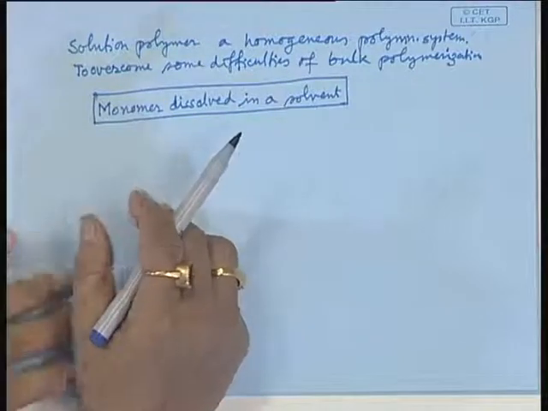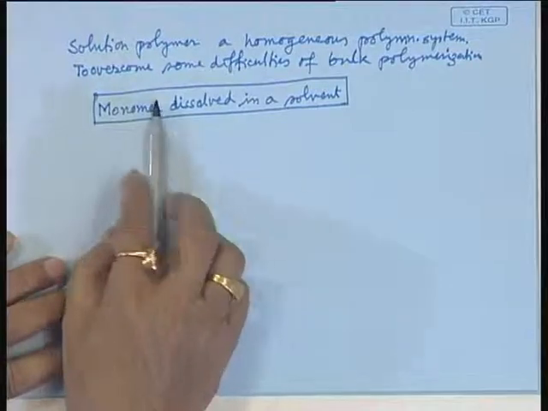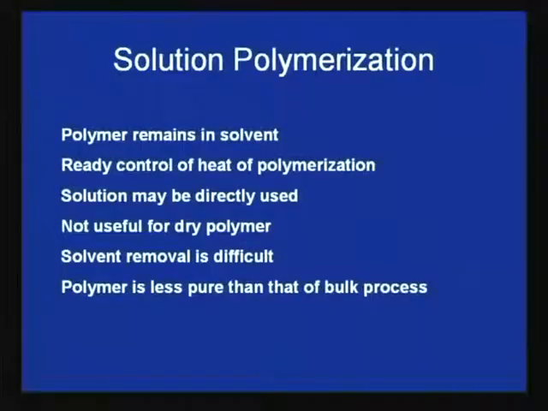And a characteristic of this solution polymerization is that after the polymer growth, the polymer remains dissolved in the same solvent. The purpose is, in case of bulk polymerization, there is a chance of the entire monomer getting converted to polymer.